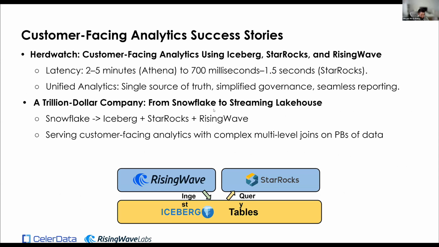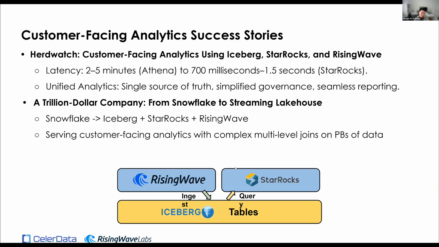So for the last minute, I definitely want to discuss something about customer success stories. I skipped the Airbnb part in the previous slides. But at the very beginning of the conversation, we talked about Iceberg, right? RisingWave and StarRocks have pretty good success stories in many companies.